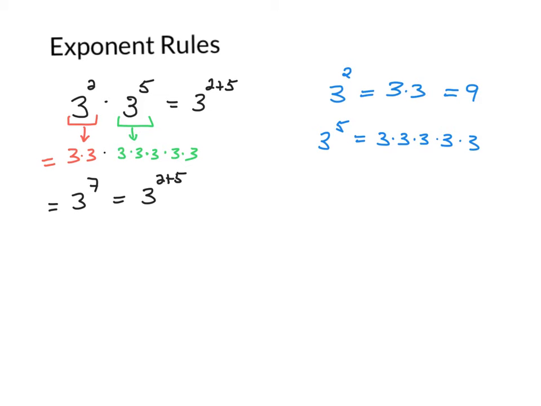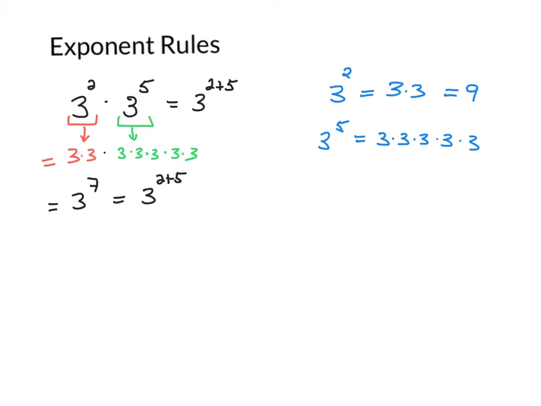So if I have the same base, so I have 3's here, and I'm multiplying them together, what I can do with my exponents is I can add them up. And the understanding behind that is all right here. This is the number of 3's that you have. And when you multiply them all together, you just add up the number of 3's.